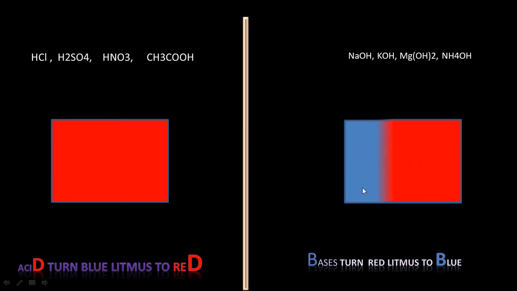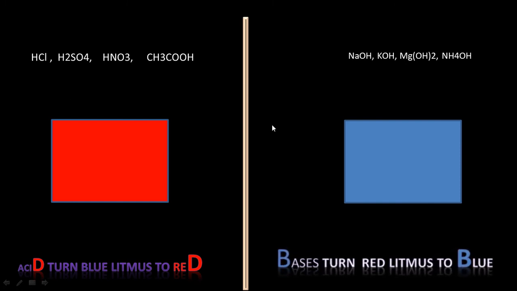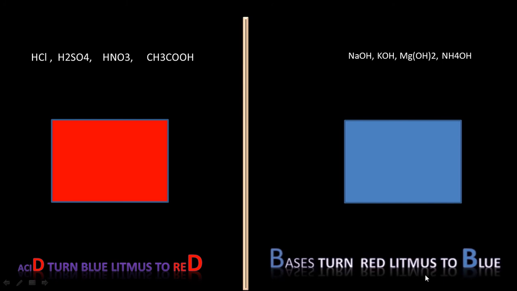Red litmus turns into blue in bases like this. So, bases blue, acid red. This is the mnemonic about litmus papers.